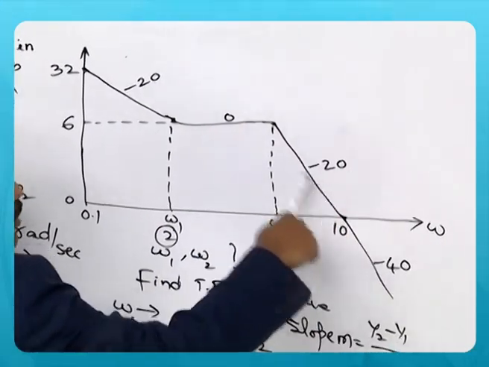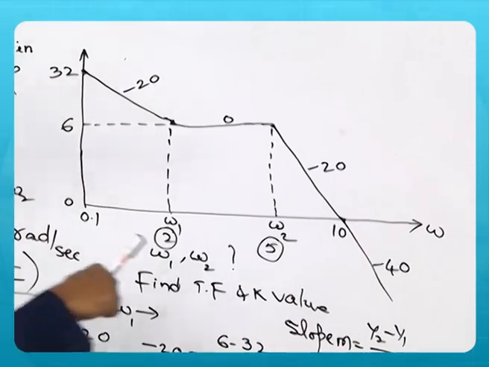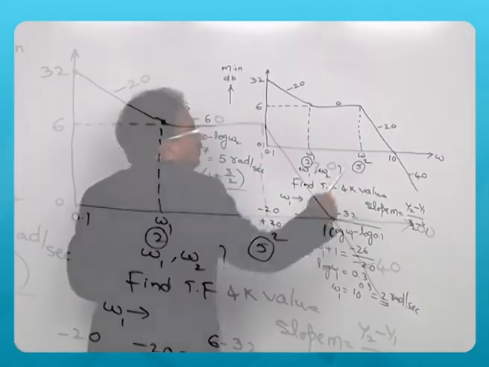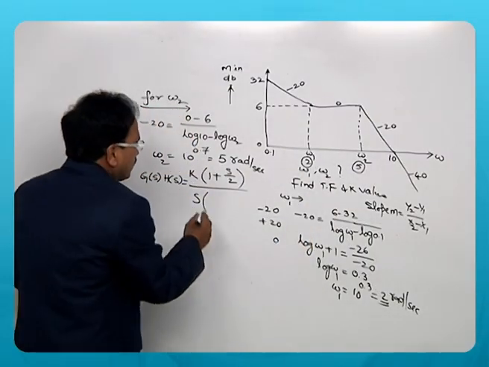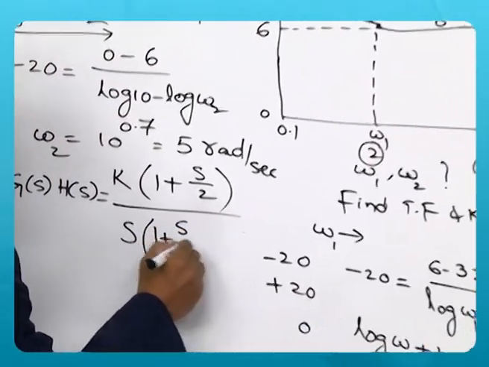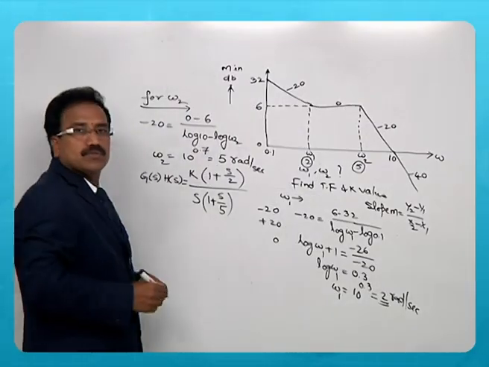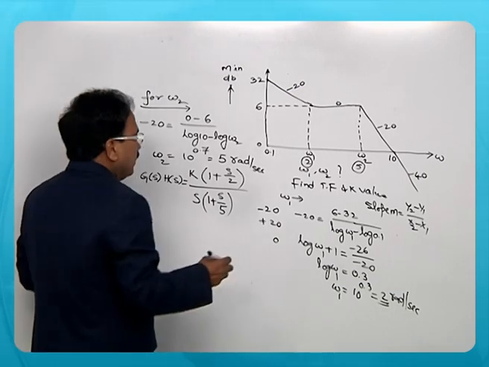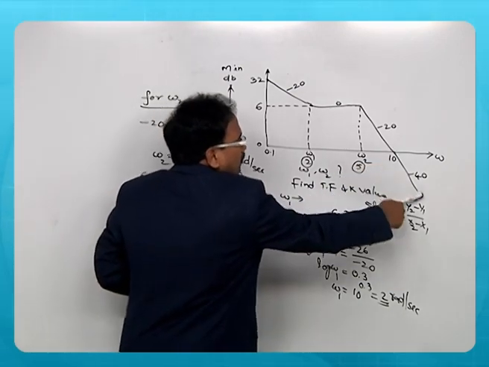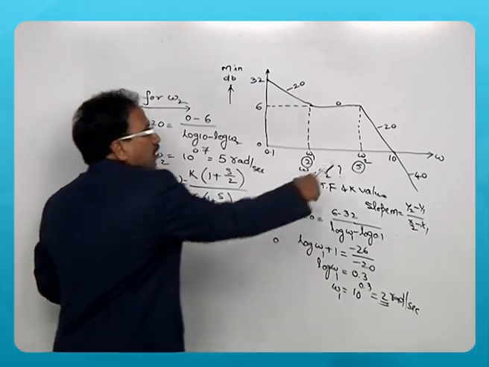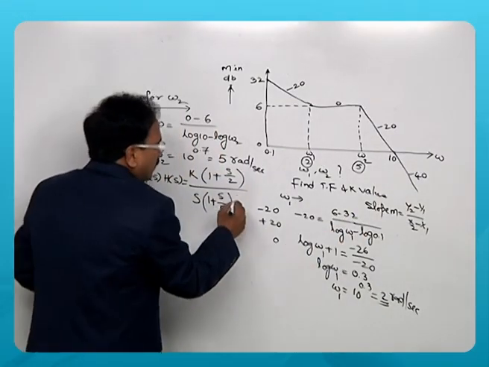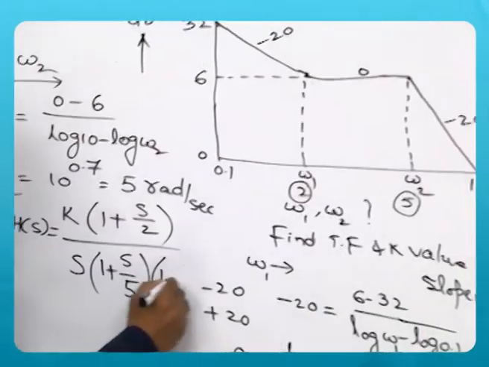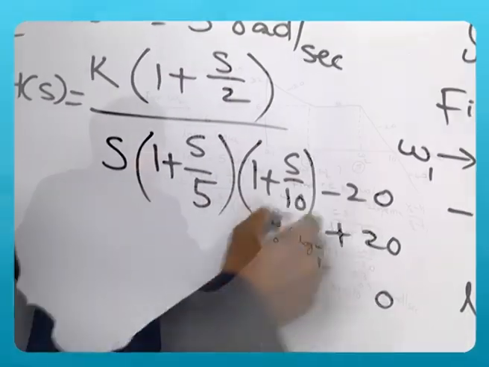That means there is a pole located at minus 5, so at corner frequency 5 the slope begins. With corner frequency 5 you have one term, and you can see again at 10 the slope changes to minus 40. So minus 20 has become minus 40 at the corner frequency of 10, so I must write 1 plus s by 10.